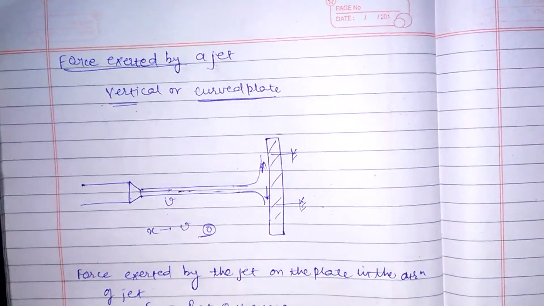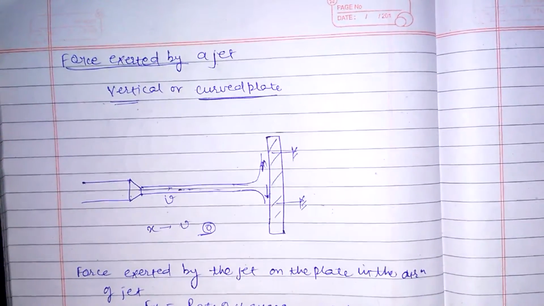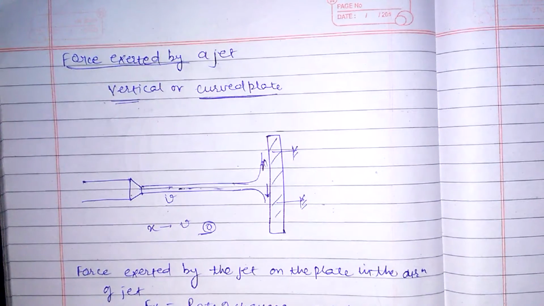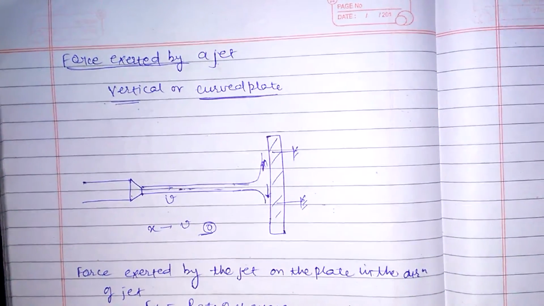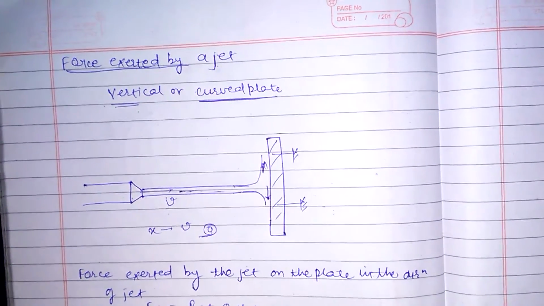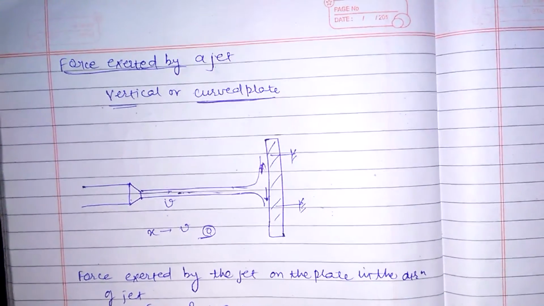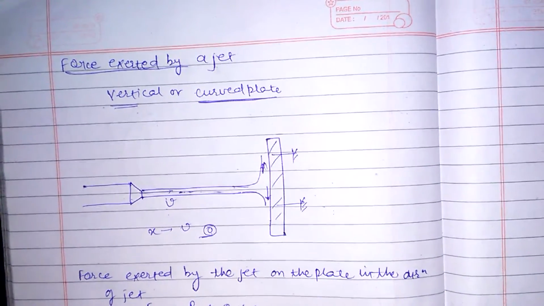I'll explain why I have taken initial velocity first and then final velocity. Mass per second would be rho a v. As we know, mass per volume is density, so mass is equal to density into volume, which is area into length.